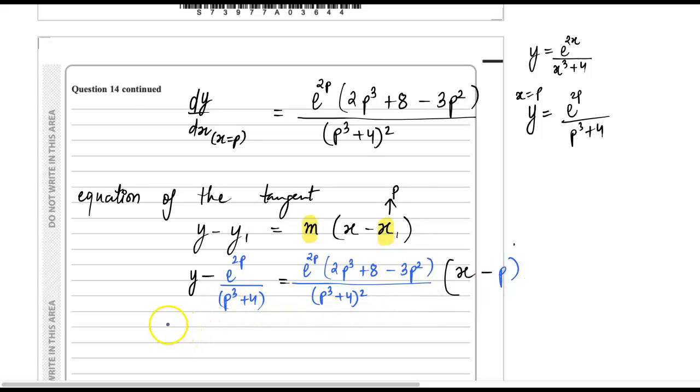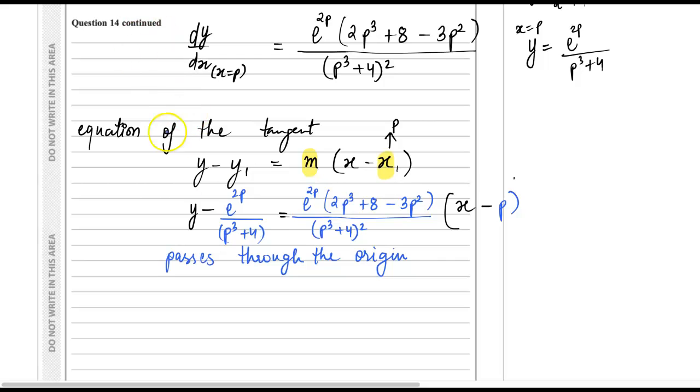It passes through the origin. The tangent passes through the origin. Now what we're going to do with this information is that x, y is nothing but 0, 0. So we are going to substitute 0, 0 over here. If we substitute 0, 0, I'm going to copy the same thing, and what would we get?